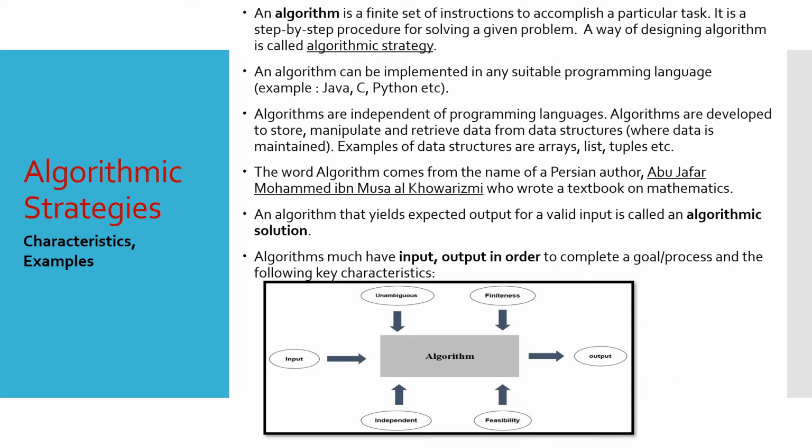Then finiteness: you need to be careful in writing a program that doesn't go into an infinite loop, otherwise the program will never finish and produce an output. And then feasibility: when a problem is given, is it feasible to get the correct outcome? That needs to be assessed when you're thinking about your logic for a particular problem you're trying to resolve.